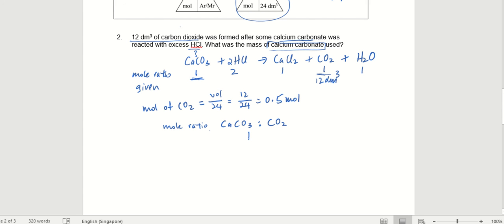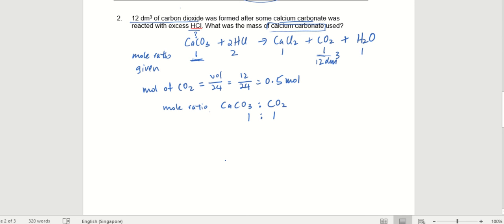So 1 mole of calcium carbonate reacts with 1 mole of carbon dioxide. And therefore, since we know the number of moles of carbon dioxide formed was 0.5, this means that 0.5 mole of calcium carbonate was used in the reaction, since the mole ratio is 1:1.